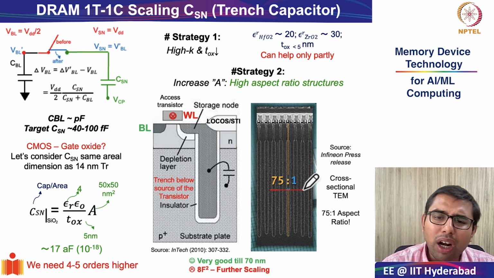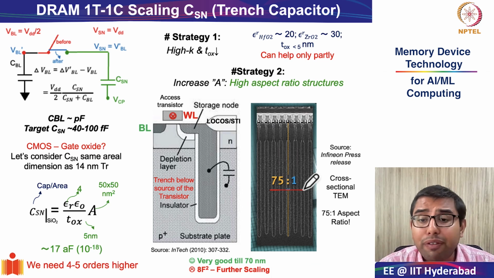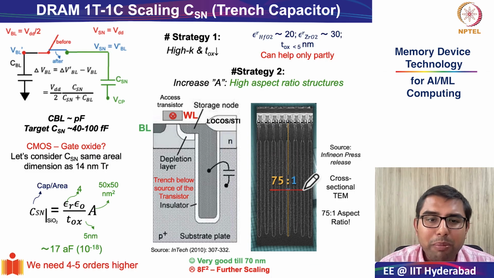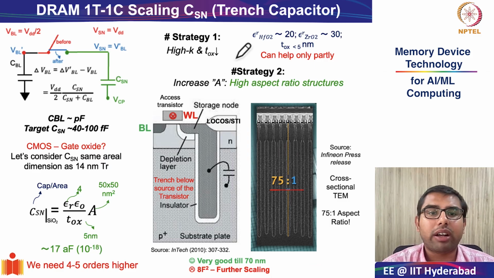Now, this is a very wonderful technology, but there are several challenges also with scaling the trench capacitor model. First is that, remember, the feature size is 8F squared, or the normalized feature size for the trench capacitor technology is 8F squared. It is not 6F squared.